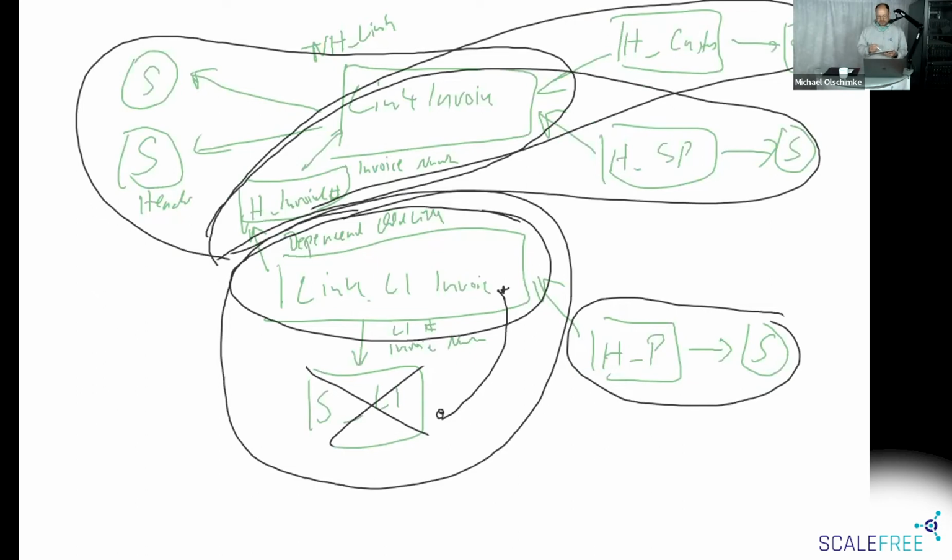What about preparing the link, denormalizing the link line item a bit more by adding the hub references from the parent invoice also to the link line item, having direct hub references, let me just use green again, to the salesperson and to the customer as well.